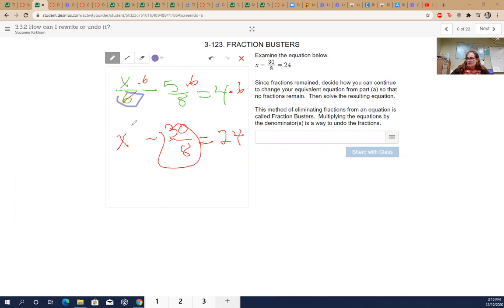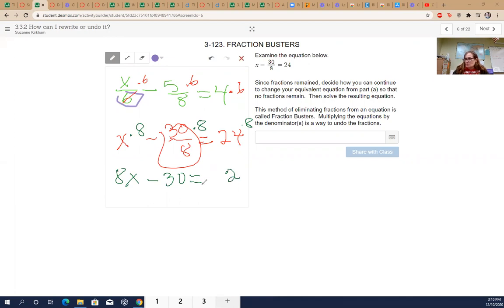So we'll multiply the first thing by 8. We'll multiply the second thing by 8 and the last thing by 8. X times 8 is 8x. X times negative 30 over 8 is negative 30. And 24 times 8, I'm going to have to do that.